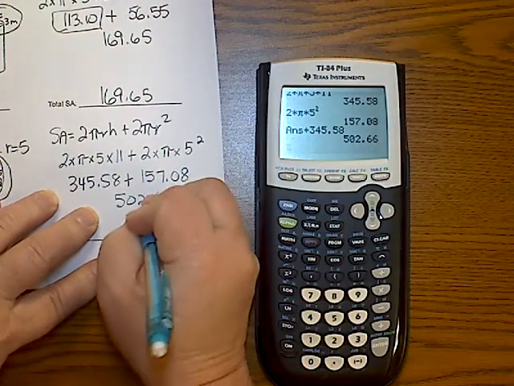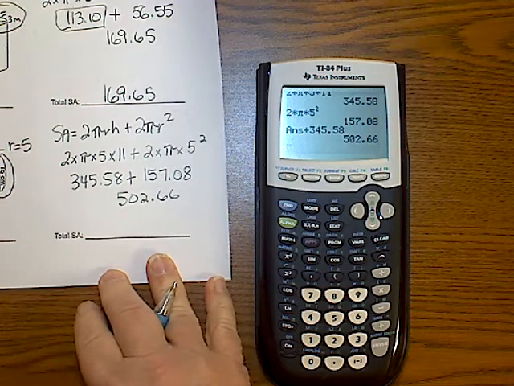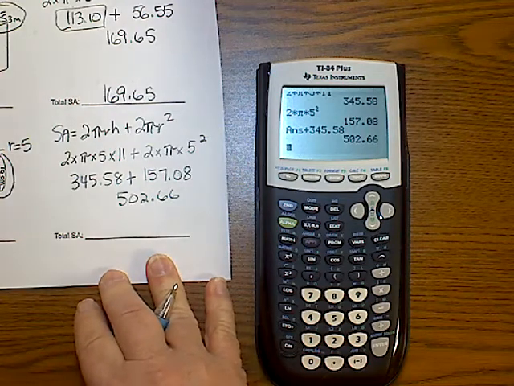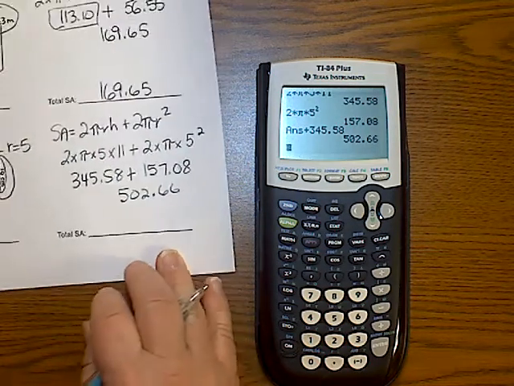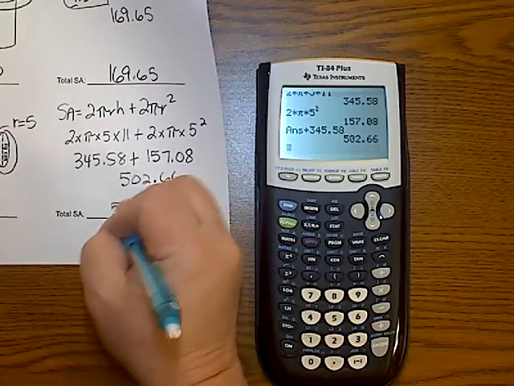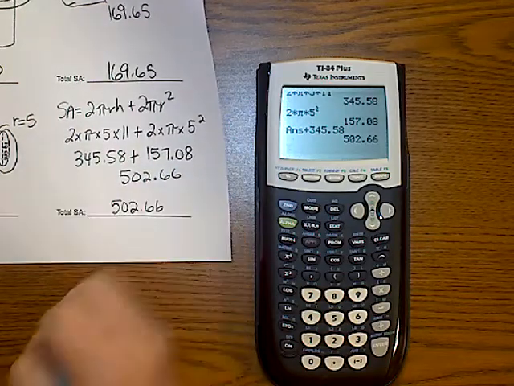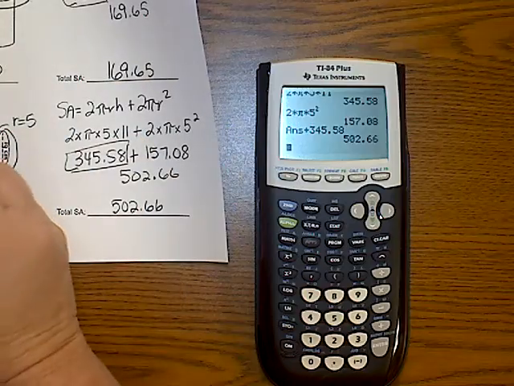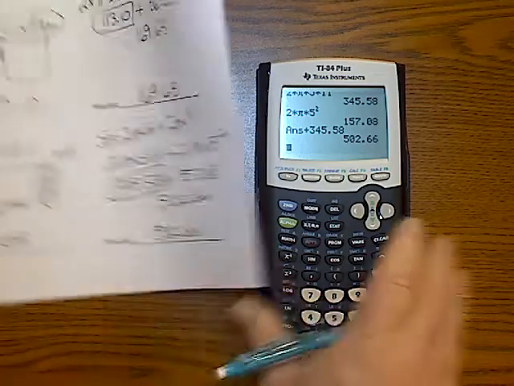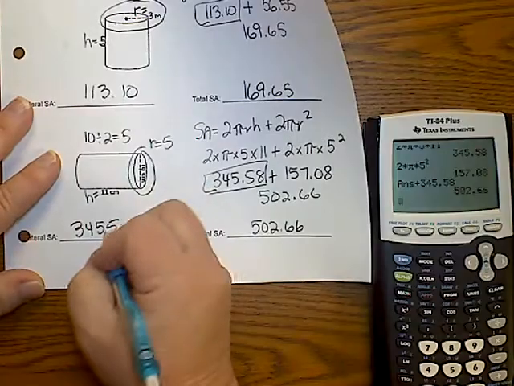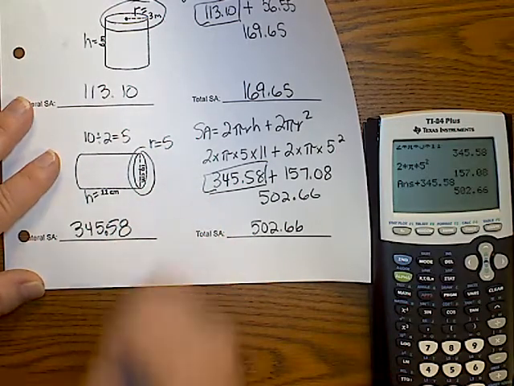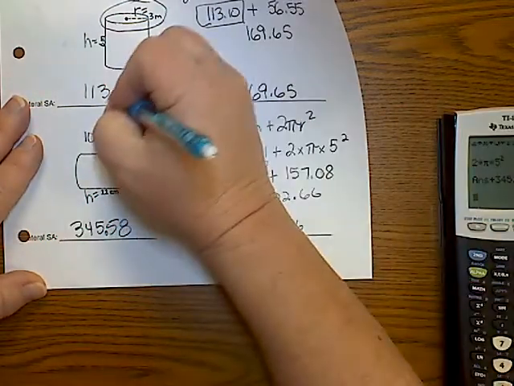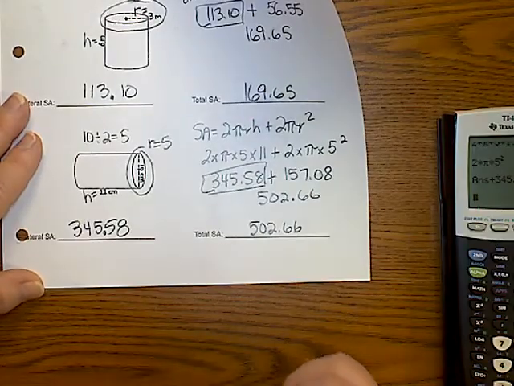I will take shortcuts whenever I can, but I will only do that when it makes sense, and I will get the answer. 502.66 is my total. Right here is my lateral, 345.58. Make sure you are making those dots dark so that you can see them.